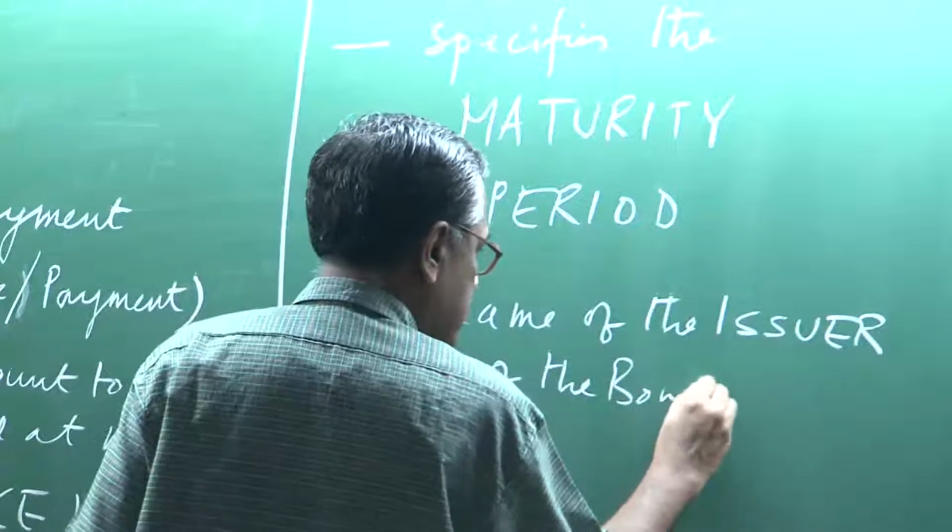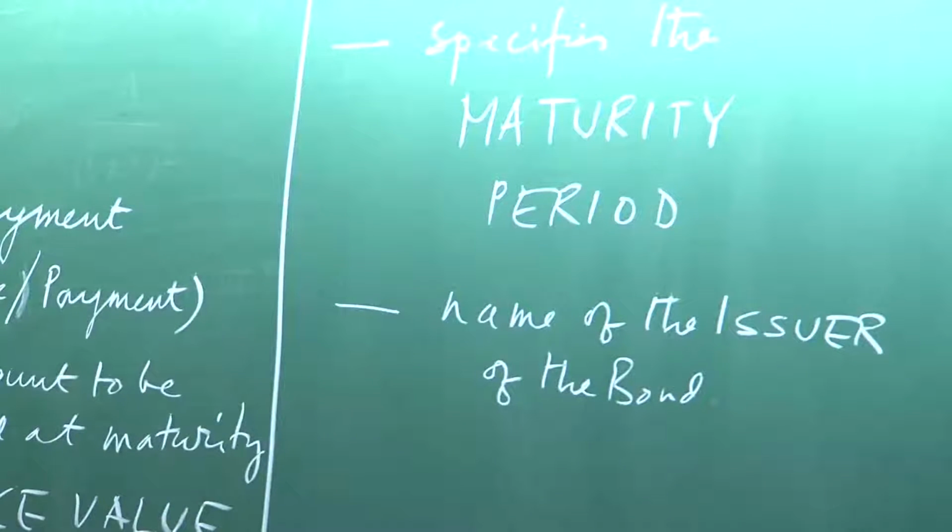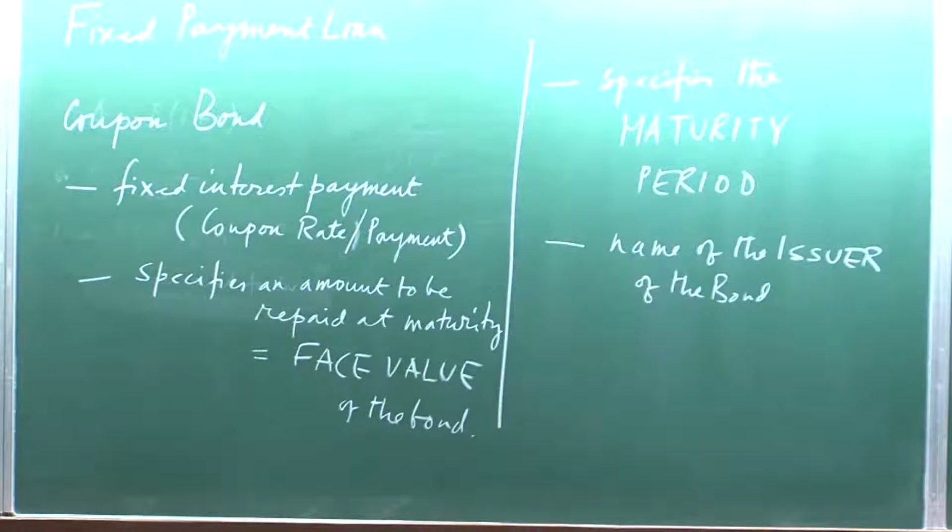So, if the Government of India has sold this bond to you, Government of India would be written. If the UP government has sold it, UP government will be written on it. If Tata Consultancy Services sold some bonds, it will be written on it. So, the name of the issuer is also a very important feature of these bond papers called coupon bonds.